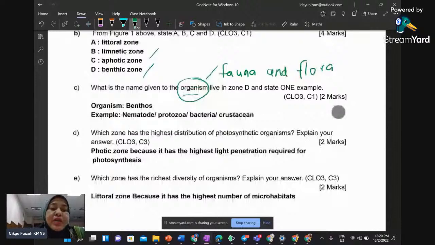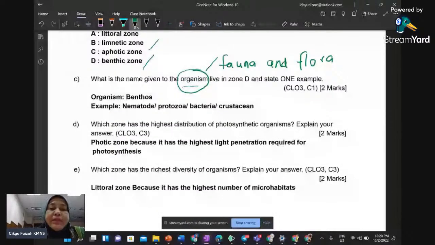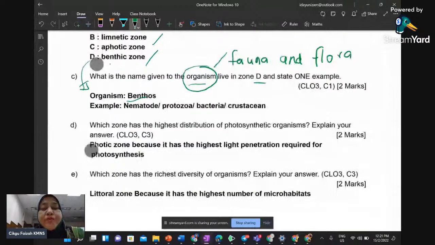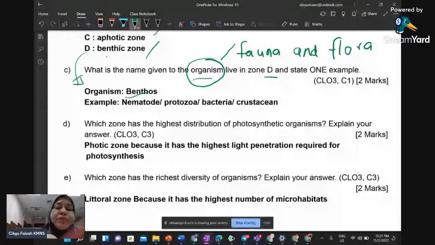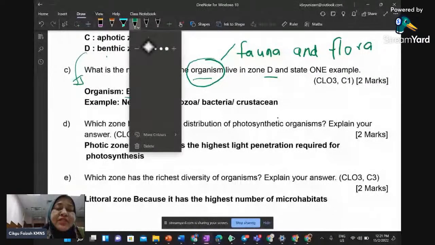D is benthic zone, so the organisms that occupy that place we call benthos. If you still remember when we learned the topic biodiversity previously.